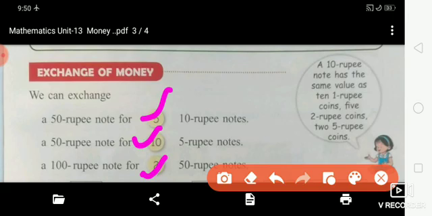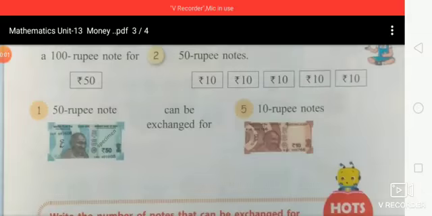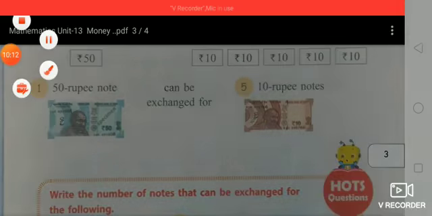A 10 rupees note has the same value as 10 one rupee coins, 5 two rupees coins, or 2 five rupees coins. So the first one is the 50 rupees note, and its color is sky blue.